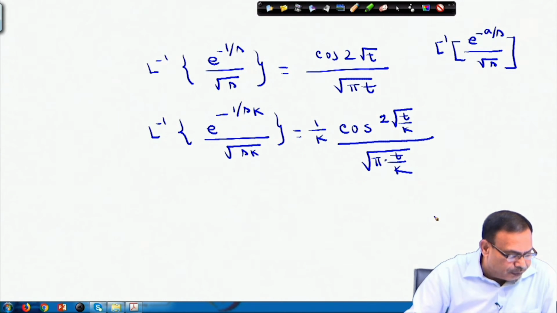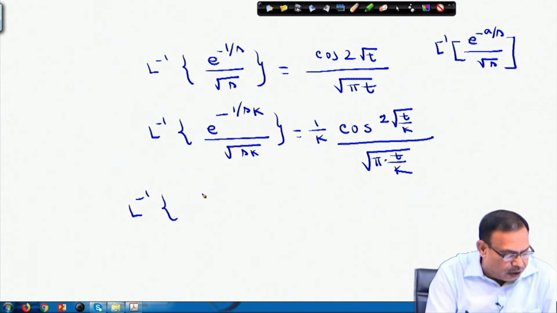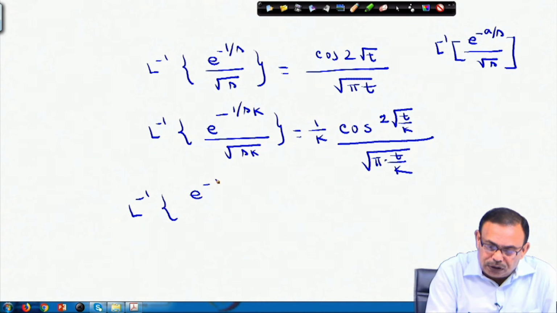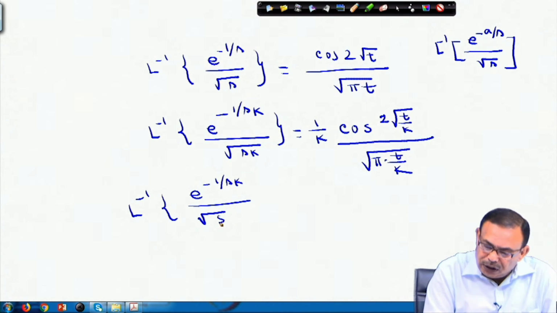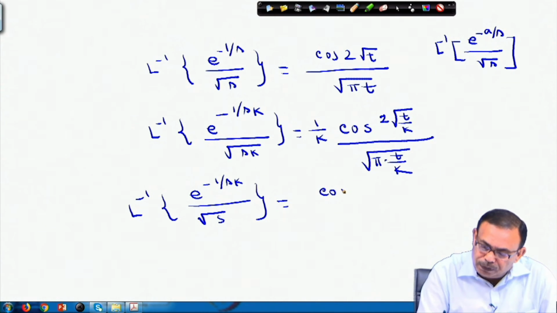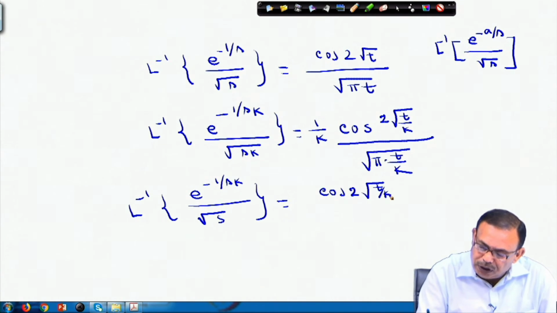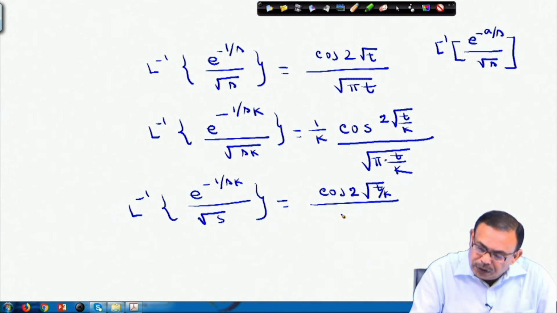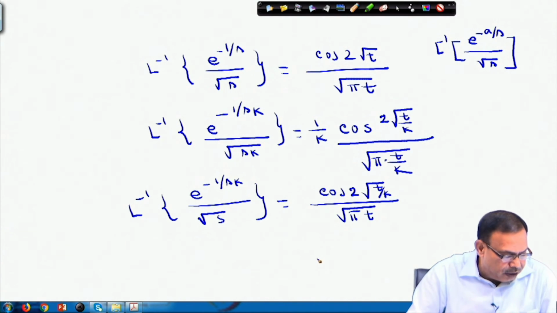Or in other sense, I can write down the Laplace inverse of e power minus 1 by s k, by root over s, if I take that root outside, then cos of 2 into root over t by k will come here, and this will become root pi t, because root k is cancelled and that will cancel with this root k.